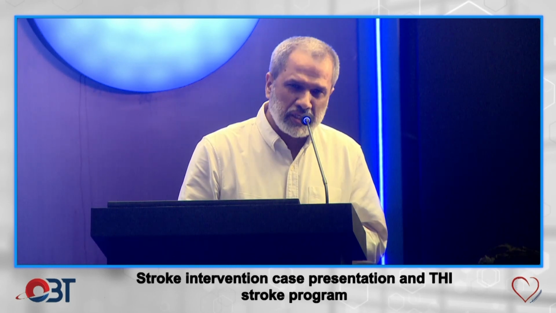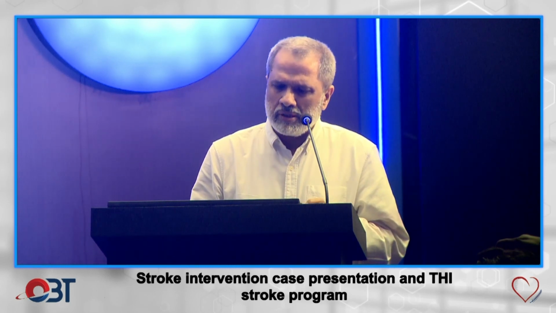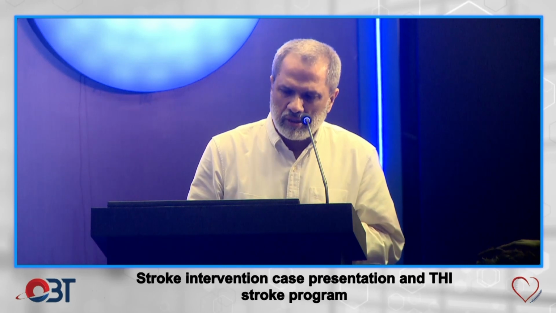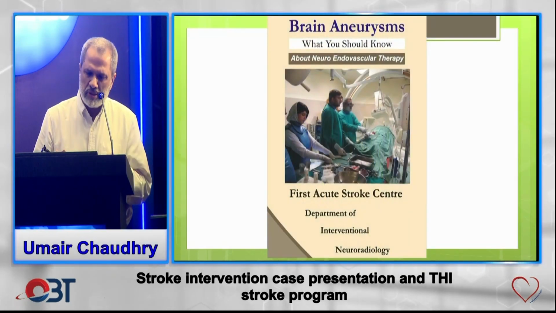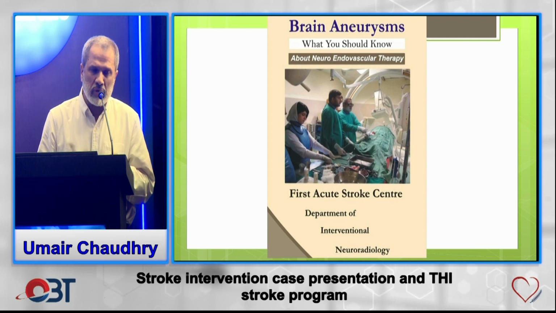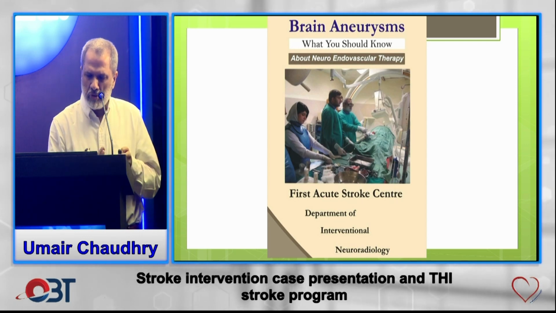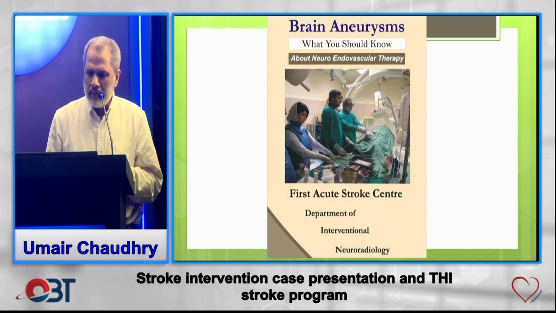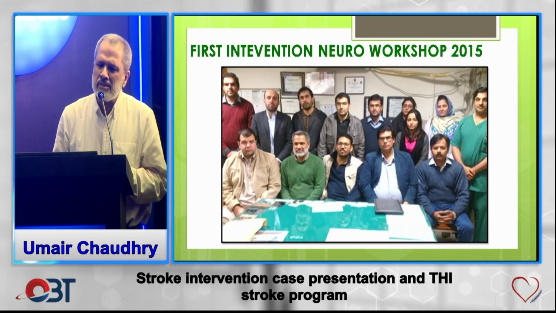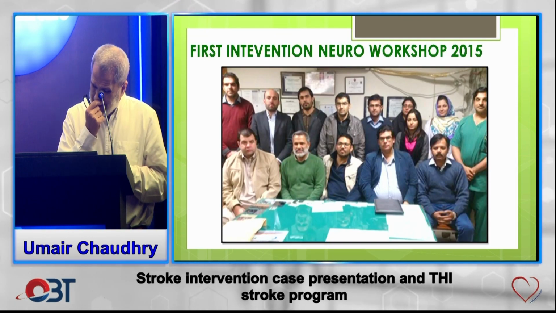In fact, we were doing neurointervention for many years, and we have done about 16,000 cases, but mainly of hemorrhagic stroke: aneurysms, AVMs, carotid stents, and all the dural AVFs, which are not related to stroke, but partly you could say. And this is another important slide.